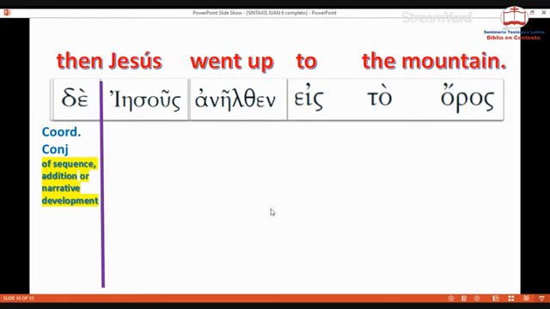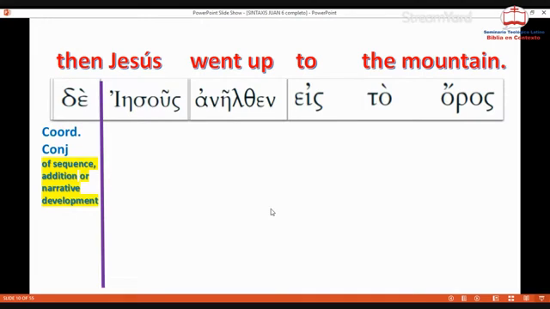If you go, for example, to Matthew chapter 1, verse 2 forward, you will see that "de" in the original text so many times allows the development of the narration. That's how it functions normally in this kind of genre like gospel narrative.